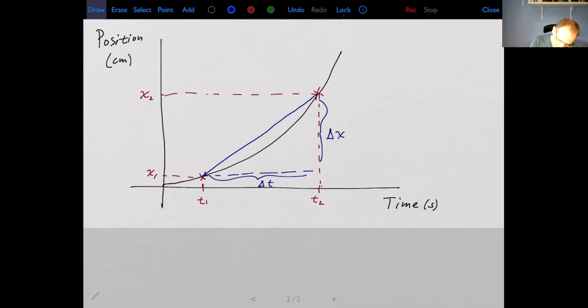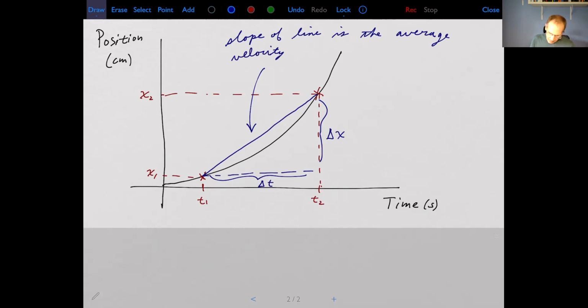So the slope of this line is the average velocity over the time interval from t1 to t2.